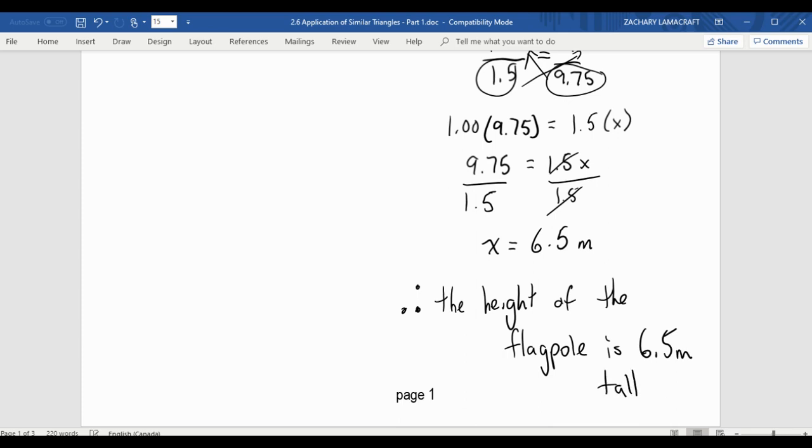And that would be a proper therefore statement. You're not wrong by saying the height of the, or the x, is 6.5. You're not wrong by saying that, but remember we let x be the height of the flagpole. So let's go back and have a proper sentence with that.